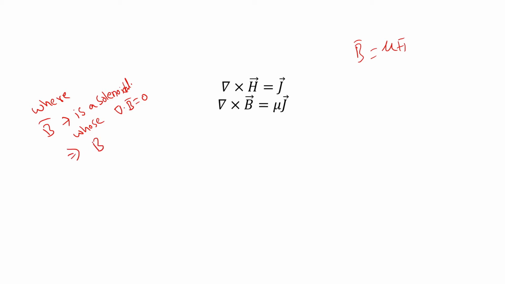Therefore, B bar can always be written as del cross A bar, where A bar is called the vector magnetic potential. We have seen that in the magnetostatics concept, vector magnetic potential A bar.